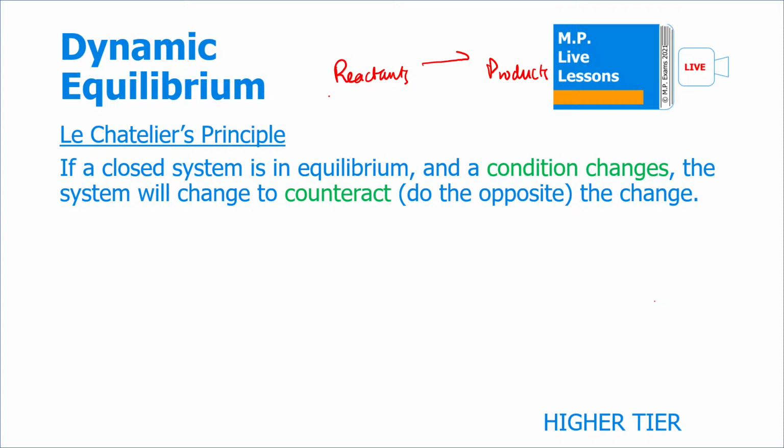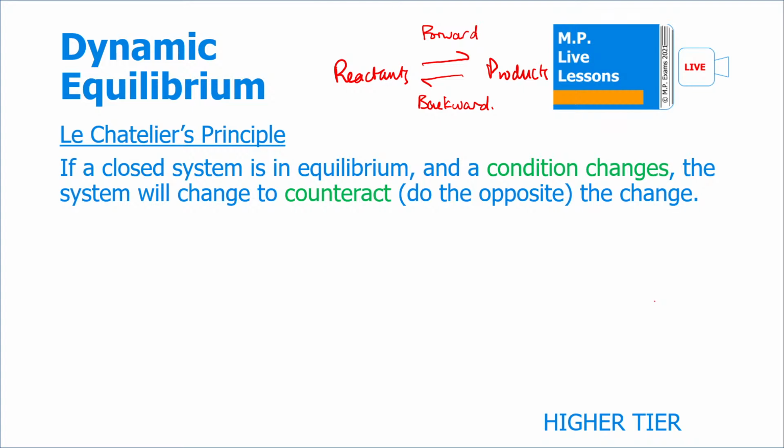So this is the forward reaction. This is the backward one. So if they're happening at the same rate, they're in equilibrium. However, if we change a condition, the system will counteract and do the opposite to change.